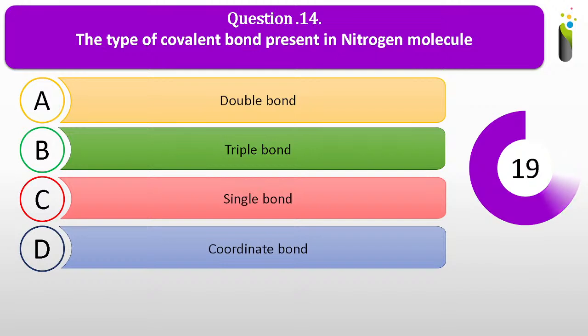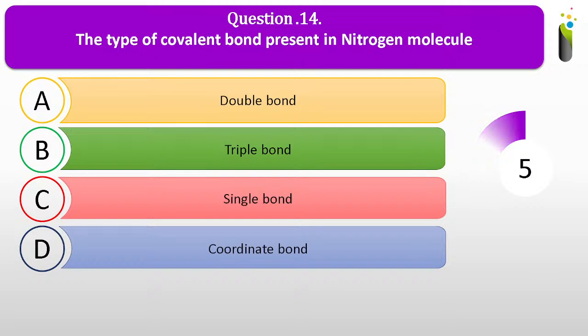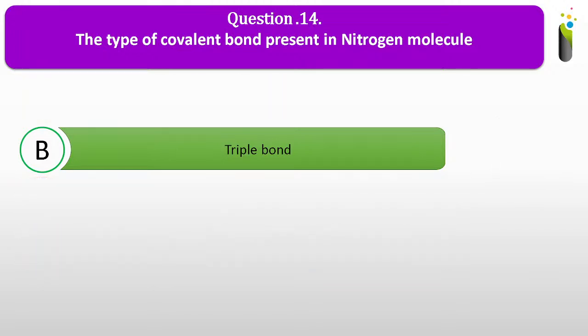So what should be the answer for question number 14? The answer for this question, the type of covalent bond present in the nitrogen molecule, is B, that is triple bond.